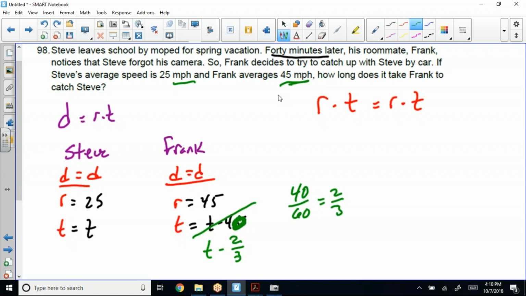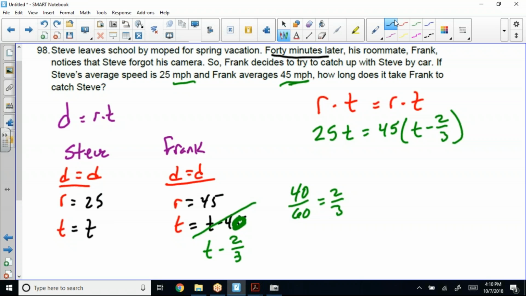So we want to know basically how long is it going to take, and we got to make sure units cancel out. If it's in miles per hour, then time has to be in hours, so that we know what's going on. So we're going to have 25T equals 45 times T minus 2/3.